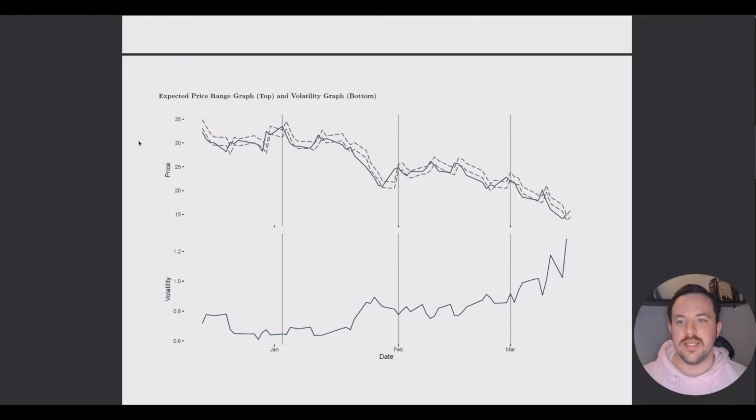When we look at the expected price range, these dotted lines represent the 68% probability for the price movement, and this is derived from implied volatility. So right below we have the implied volatility line. We see that recently the dips that NIO has been experiencing are more than the market has anticipated, even with a rising volatility.